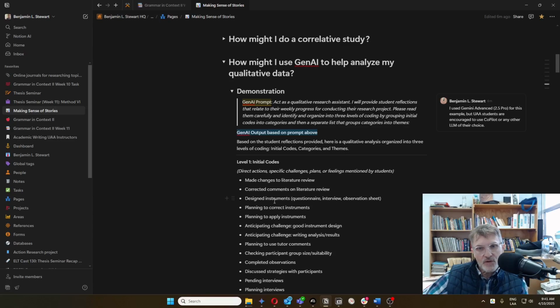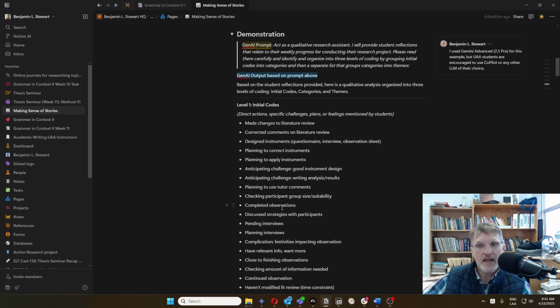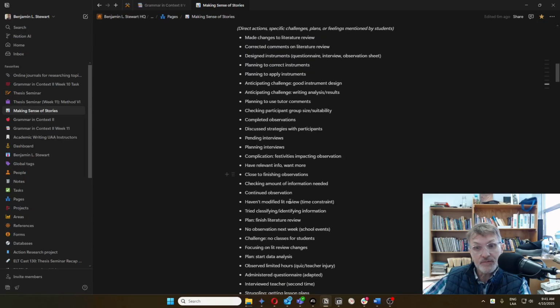So these initial codes, this is a list of the initial codes, again, based on generative AI. And what I will need to do is go through and be selective and find which of these initial codes are accurate, are useful, and either remove any codes that aren't relevant or modify them as I need to.